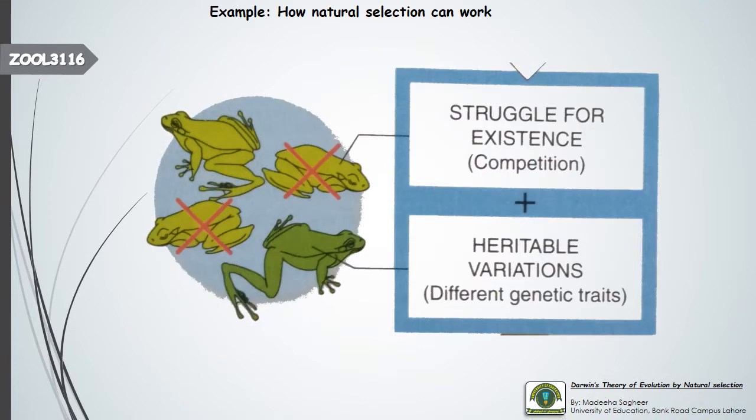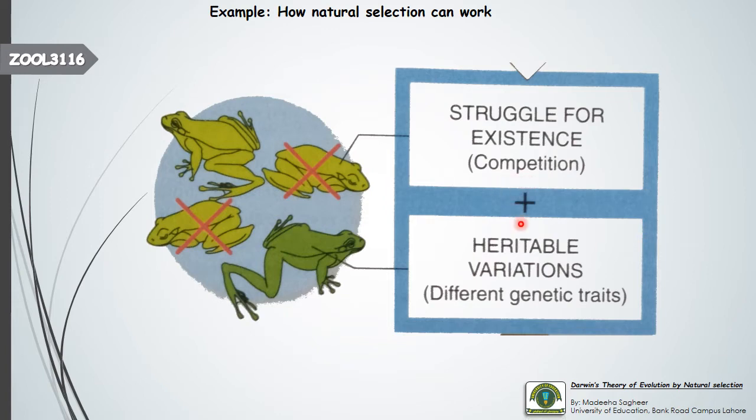Next, the struggle for existence. Once individuals have been produced, and after coping with the limited resources, they compete with one another. This is the struggle for existence, which is known as competition.